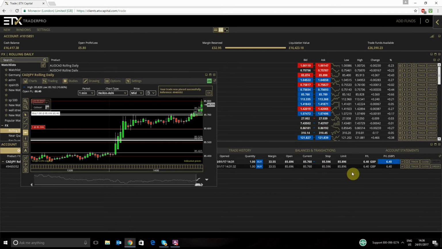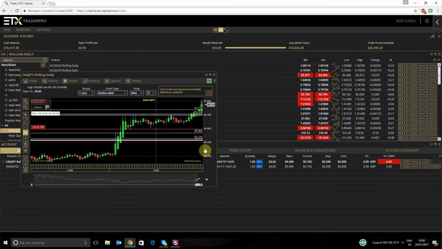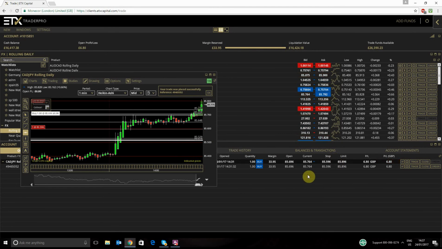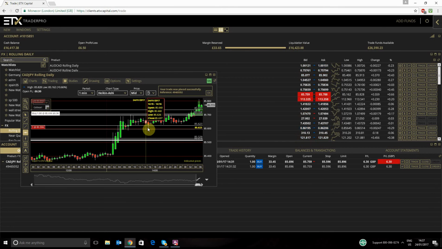If I'm trading £100 a point and it goes maybe 7 points in my favor, that's 700 I would have made. But just for tutorial reasons, I just need you guys to know where your support is and where your resistance is, which I've already showed you by this barrier that has been broken. That's why I got into the trade. And if this comes all the way down here, this is where my stop is. The very next support level. If it comes all the way down here, then it will stop me out.